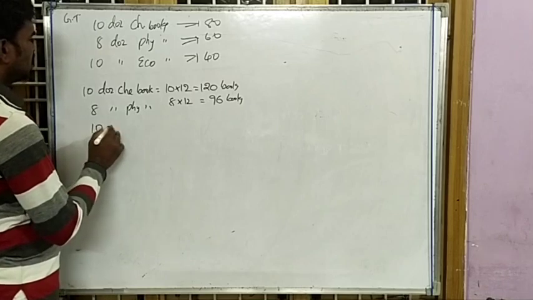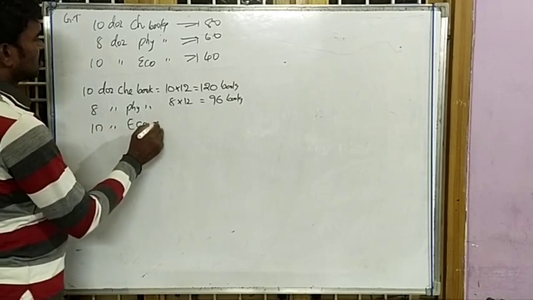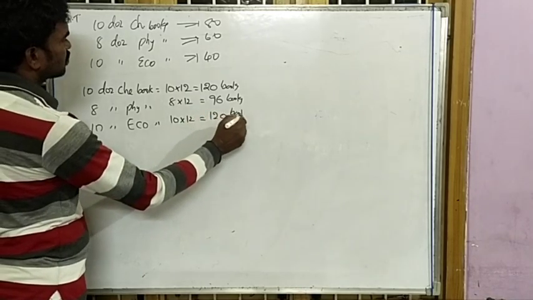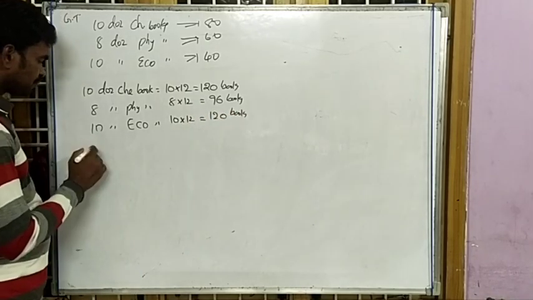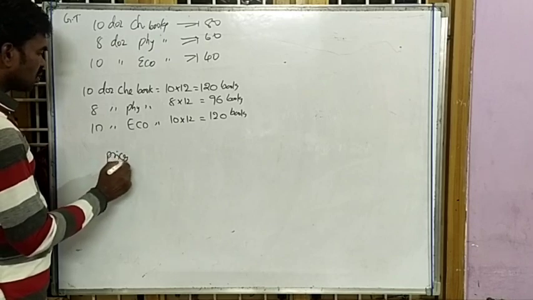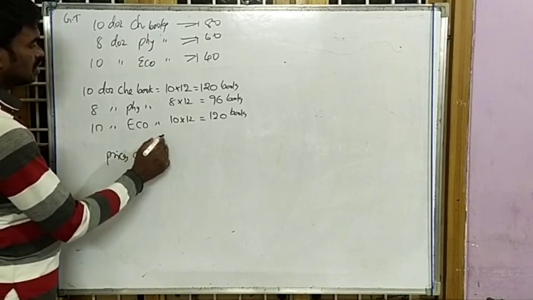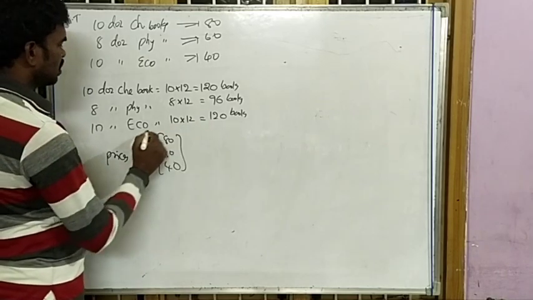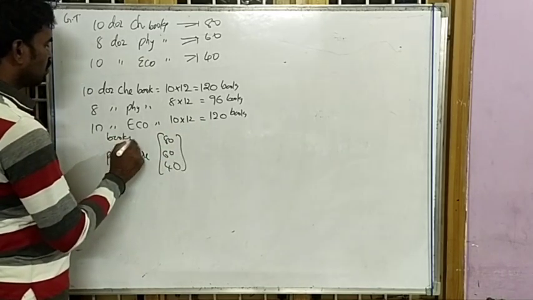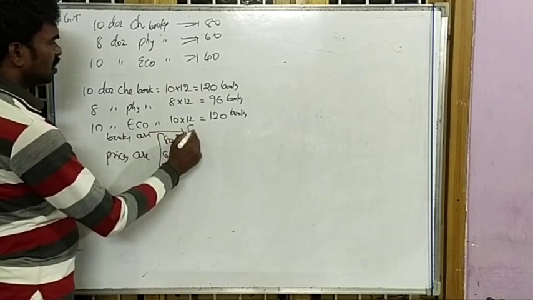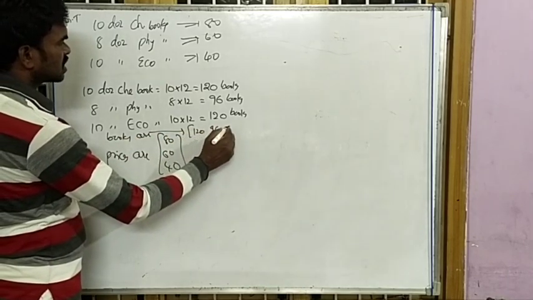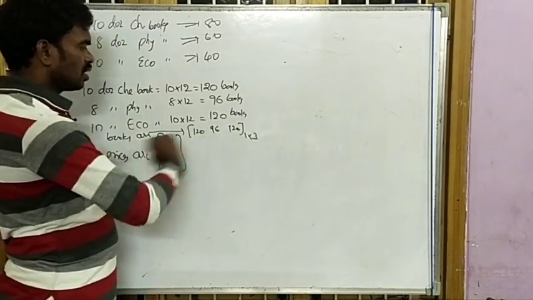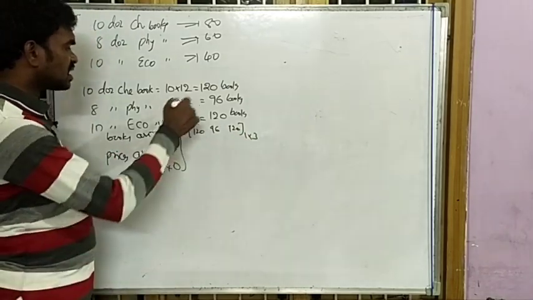Next, 10 dozen economics books means 10 into 12, that is 120 books. The prices are 80, 60, 40. In matrix formation, the books are 120, 96, 120. The books are written in a row matrix, and the prices are written in a column matrix.